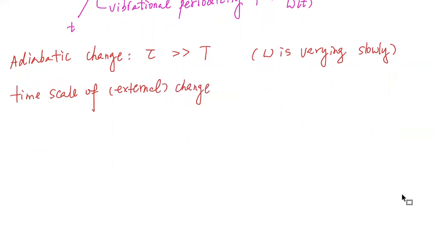T is the vibrational periodicity. This is the intrinsic motion. That means the time scale of the external change is much, much longer than the time scale of the internal motion, the internal vibration.